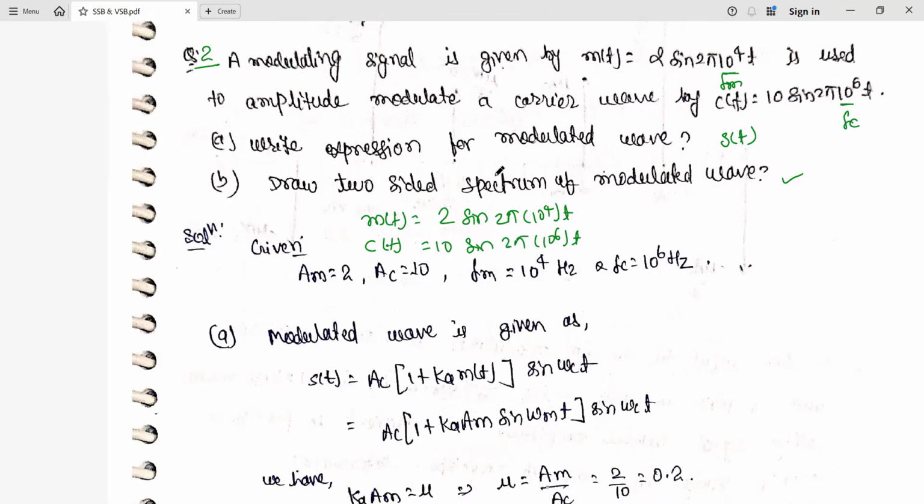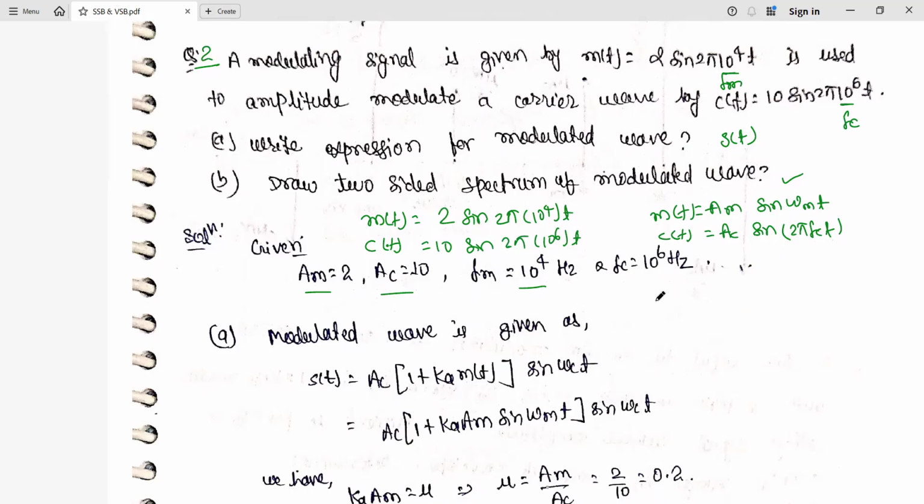Now if we compare with the standard signal, in the standard we write Am sine omega t, where omega is 2 pi f. This is for m of t. Similarly, the standard signal for c of t, if you want to write in terms of frequency, is Ac sine 2 pi fc t. So if we compare the values, Am is 2, Ac is 10, fm is 10 to the power 4 Hertz, and fc is 10 to the power 6 Hertz.